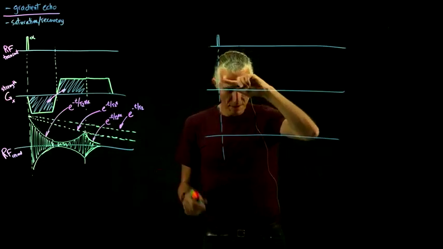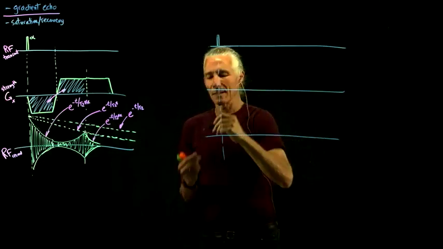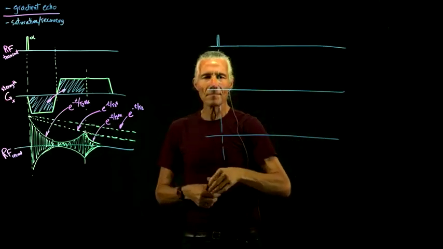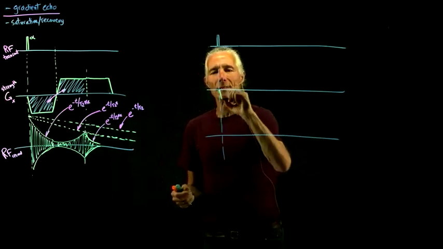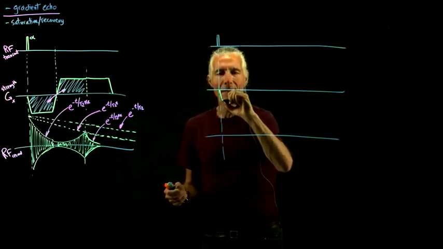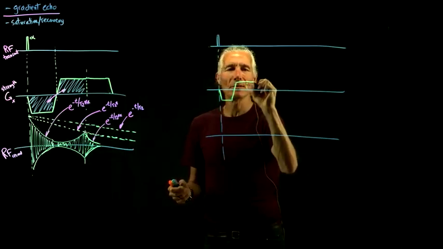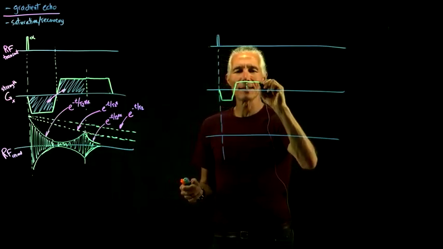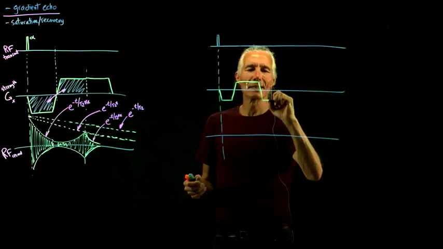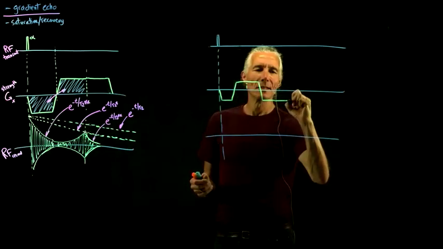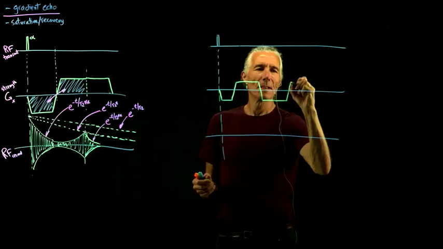So here the idea is we turn the gradient on, sort of negative like that for a while, and then we go positive, and then we go an equivalent amount positive, and then reverse again, and then do something like that.